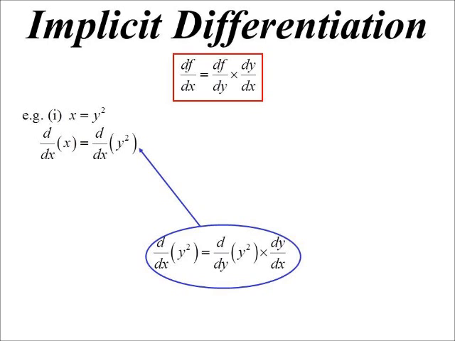So that's what we do. Differentiate x, I get 1. Differentiate y squared, can't do it with respect to x, but I can do it with respect to y, so I'll multiply 2y by dy/dx. And now I can rearrange this and make dy/dx the subject, and there's our formula to find the derivative.